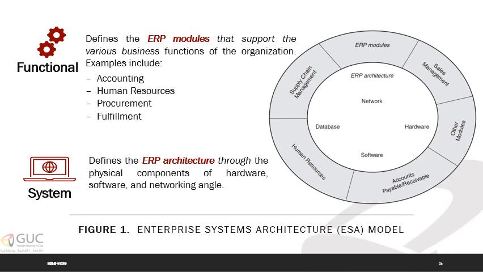As we see in this figure, the components of enterprise system architecture can be viewed from two different angles. First, the functional angle that defines the ERP modules that support different business functions such as accounting, HR, and procurement, while the second one is a system view that defines the ERP architecture through the physical components of hardware, software, and network.